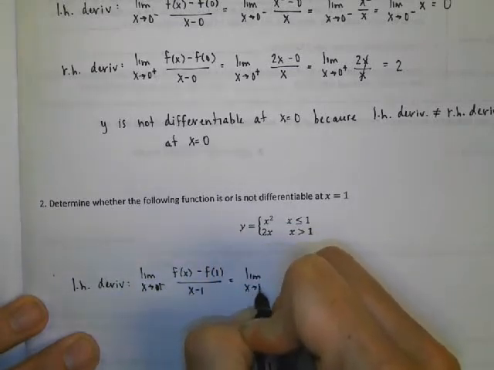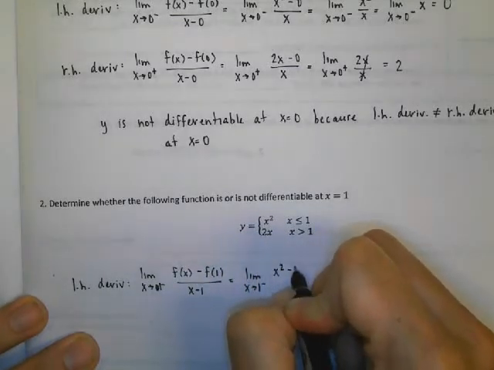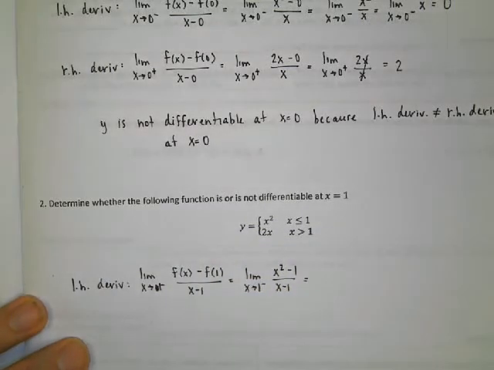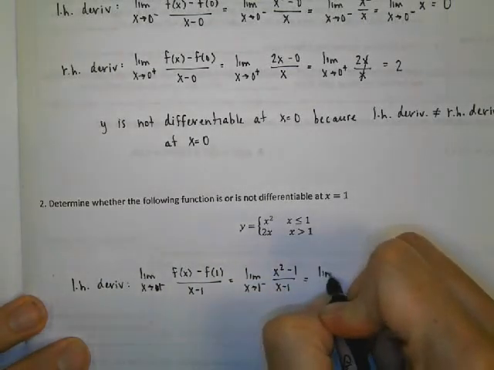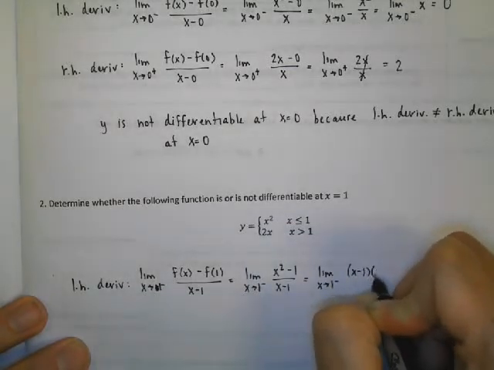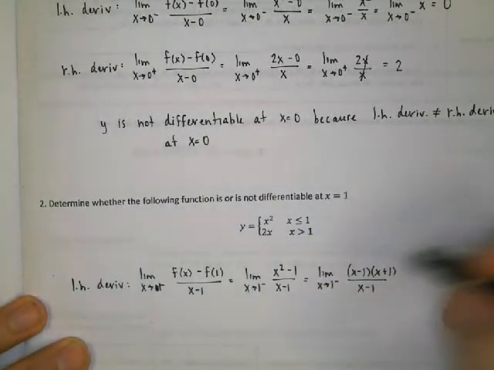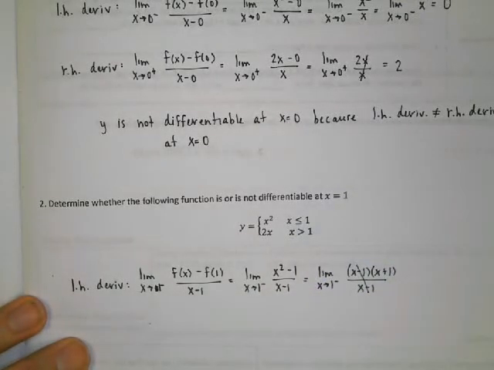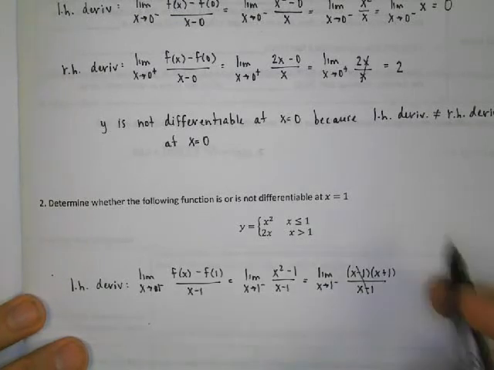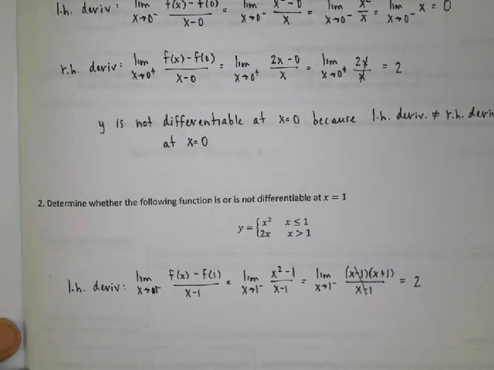And we'll do the algebra. I have x squared minus 1 over x minus 1. Now I see I can factor my numerator. So I have x minus 1 times x plus 1 over x minus 1. So my x minus 1 factors cancel. I'm left with the limit as x approaches 1 from the left of x plus 1. And so I know my left-hand derivative is 2.